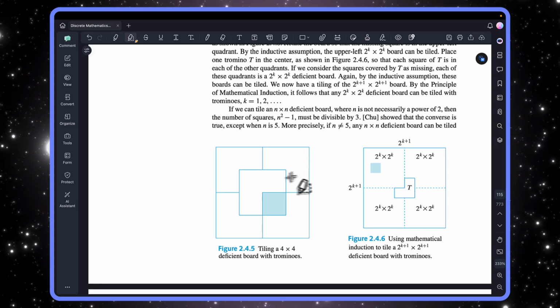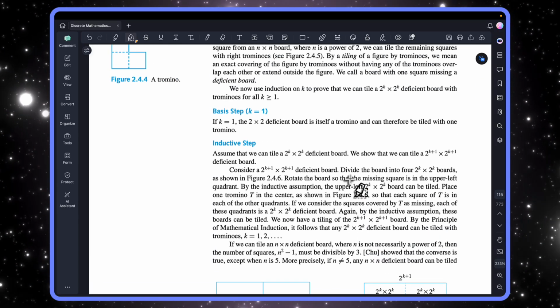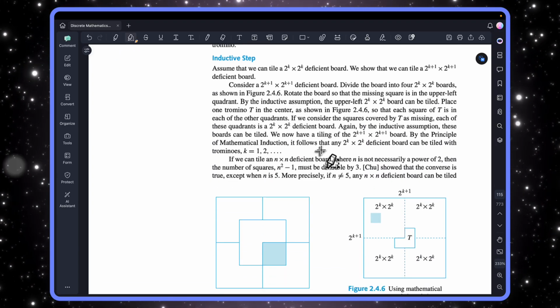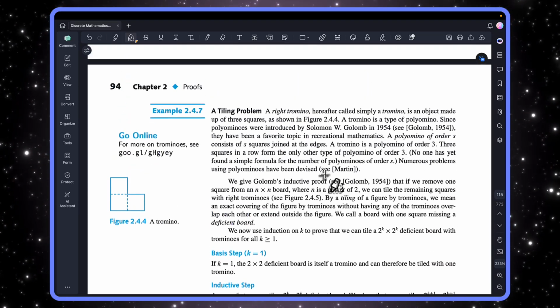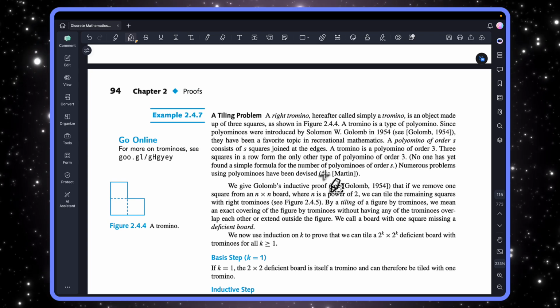It turns out there's a nice inductive proof that this can always be done for any board of size 2 to the n times 2 to the n.